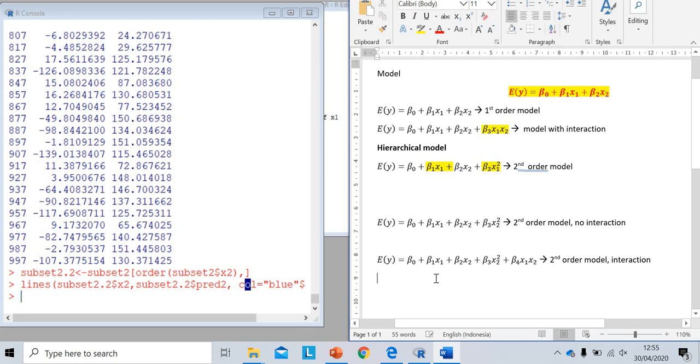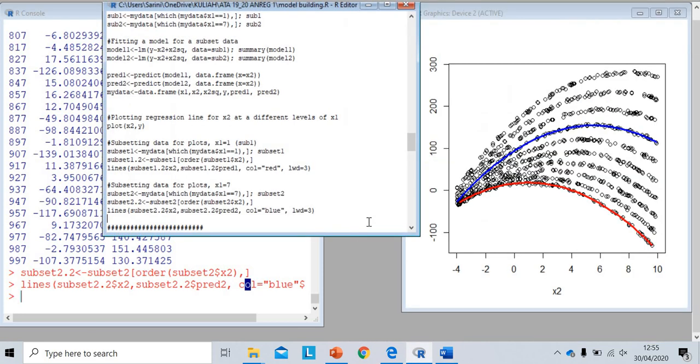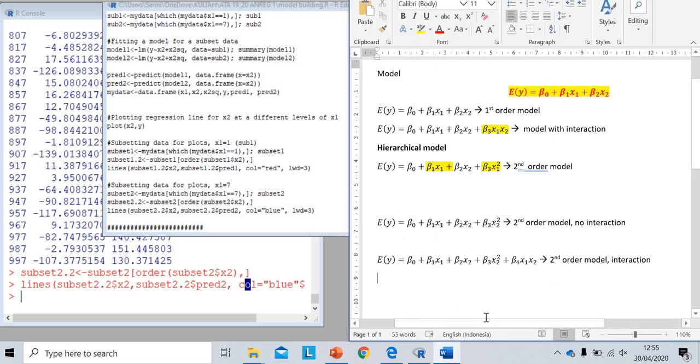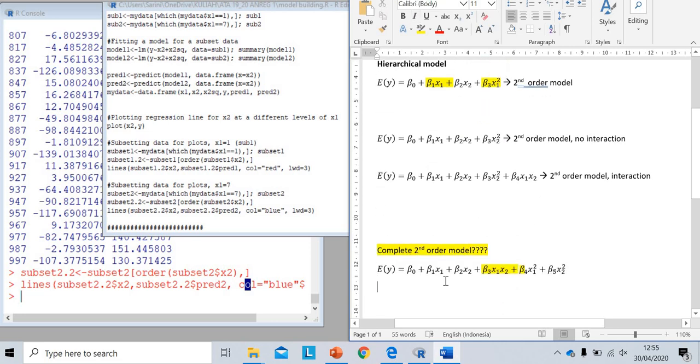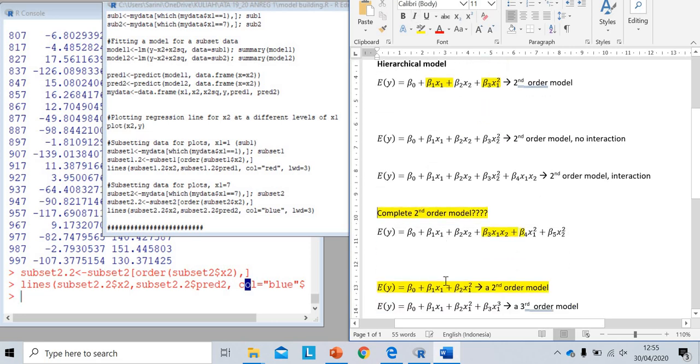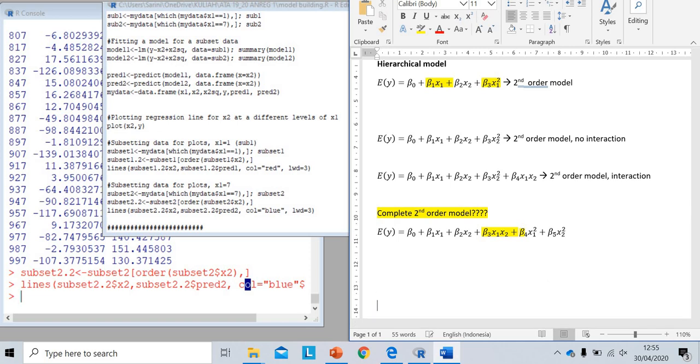And just in case you think that x1 also shows a quadratic trend, then probably you need to propose a complete second order model. You have the quadratic term for each of the variables, and you also have the interaction term.